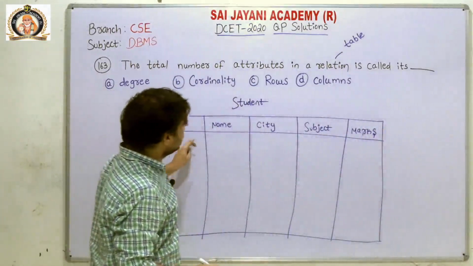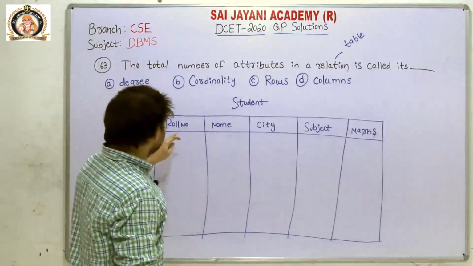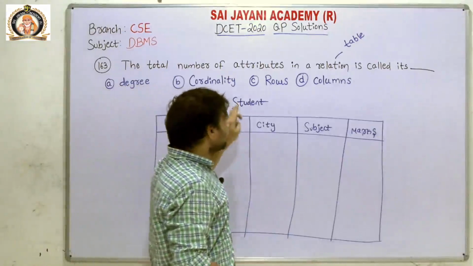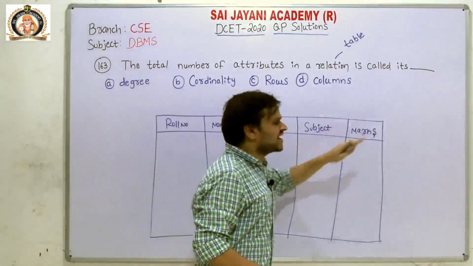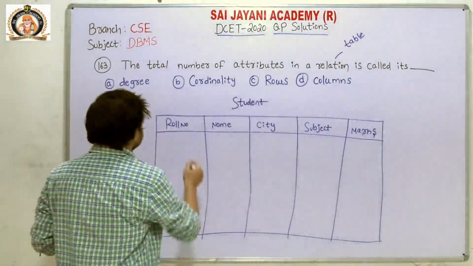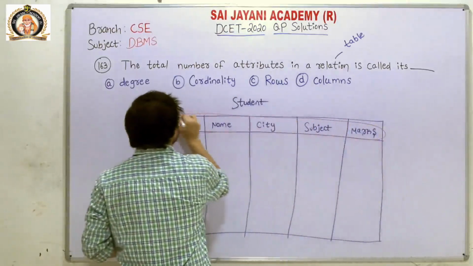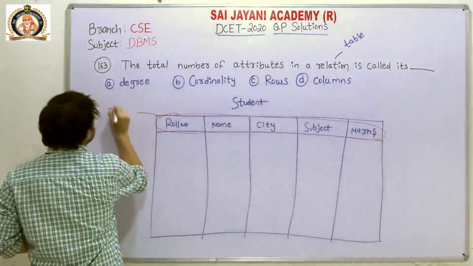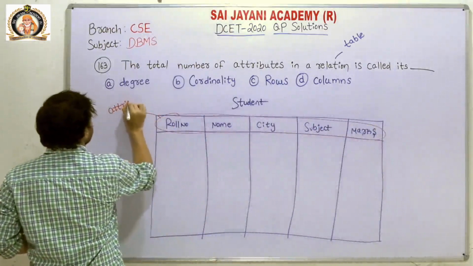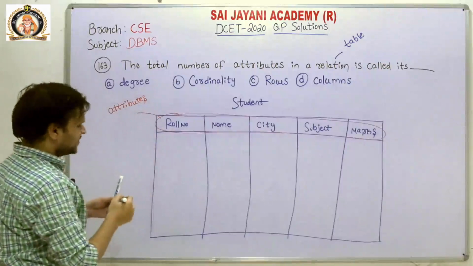If you consider a table of a student, in the student table we have roll number, name, city, subject and marks. These are called attributes.